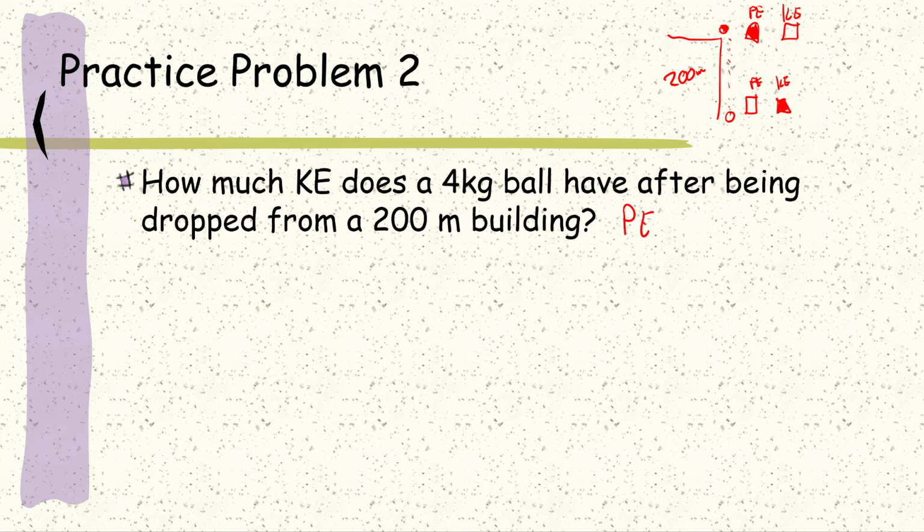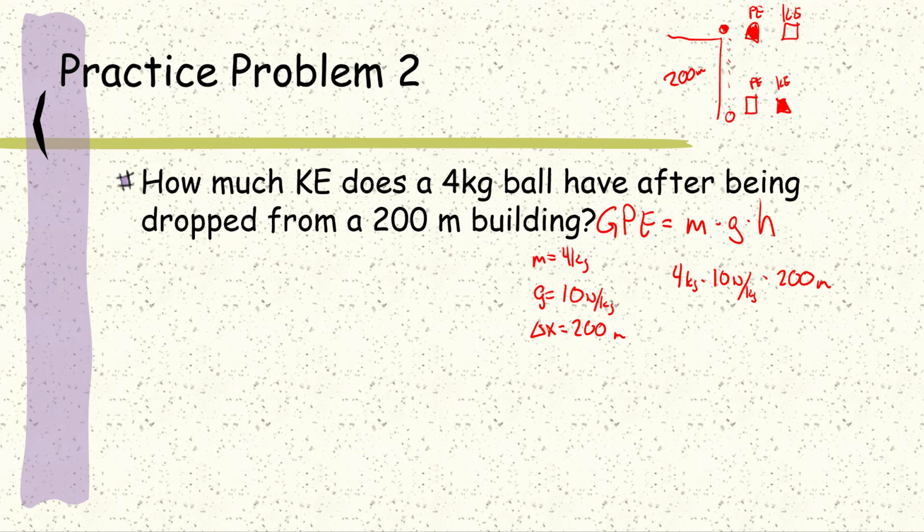So let's look at this then. This is a review, something we've done before. We know if we can figure out the potential energy you had at the top of this 200 meter building, we can figure out the kinetic energy down here at the bottom. And remember that potential energy, gravitational potential energy at least, is the mass times g times height. I do know the mass is 4 kilograms. G here on Earth is 10 newtons per kilogram. And the displacement, the amount that it's going to fall, is 200. So plug them in. 4 kilograms times 10 newtons per kilogram times the height of the building, 200 meters.